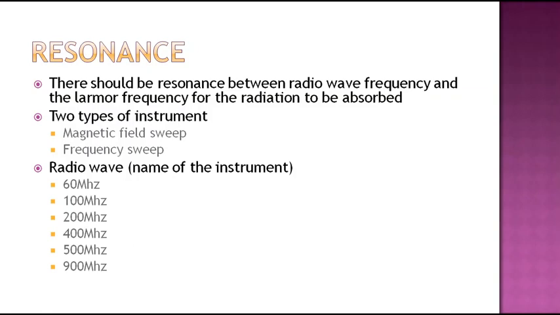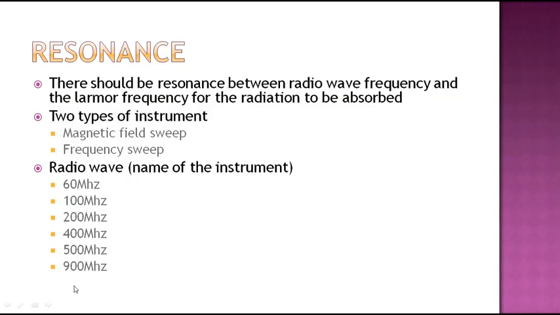When you increase the frequency of the radiation, you also have to increase the strength of the magnetic field. When the strength of the magnetic field increases, the energy gap increases. All these increases will also expand the gap between the signals, and therefore you can get clear signals. The overlapping of signals can be avoided when you increase the magnetic field or frequency of the instrument.